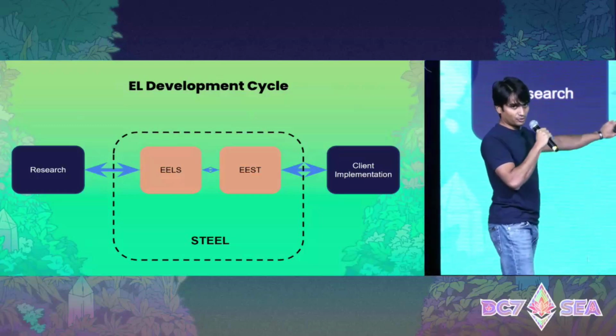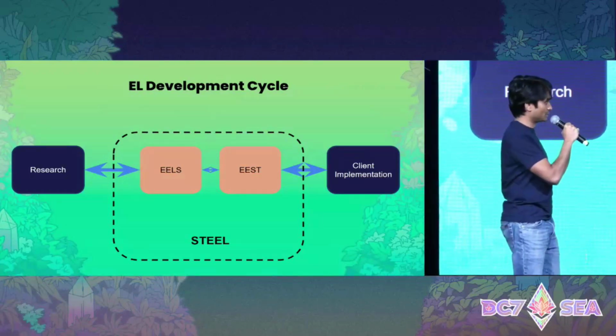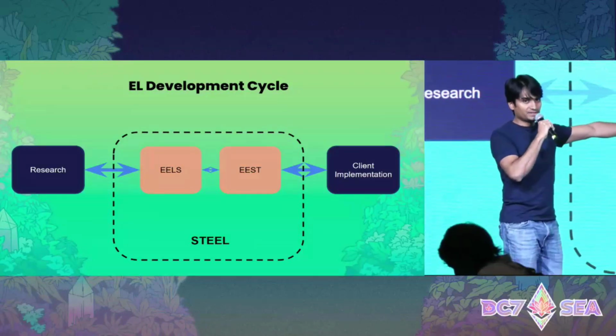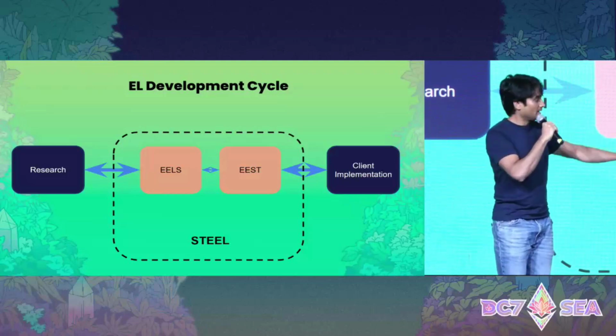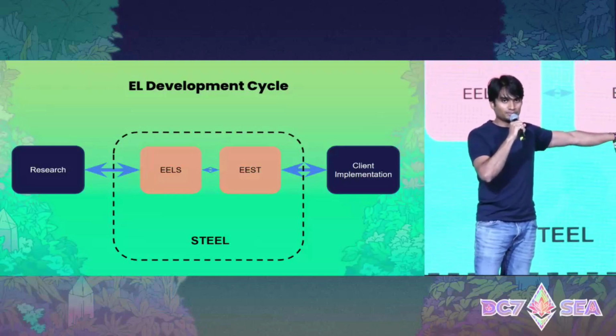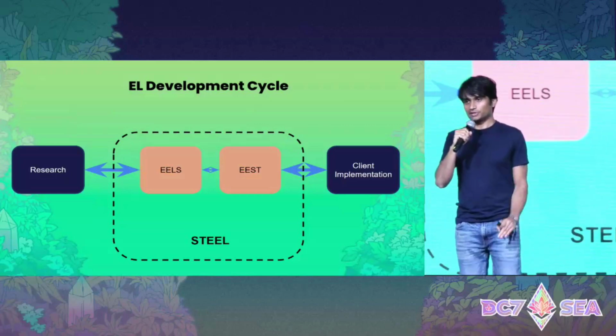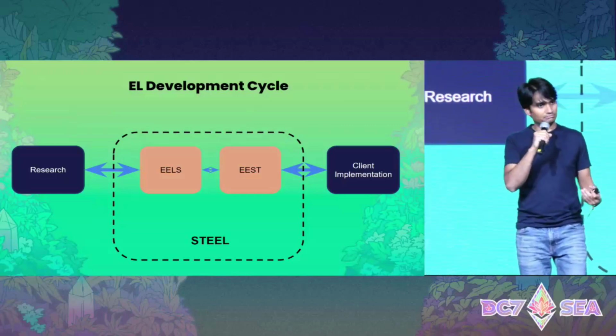And EELS is very focused on the state transition function, so there's not a lot of clutter in the EELS code. Then EELS talks to EEST and generates the tests, and the clients, even before they write their first line of code, have all the tests that they need ready to go.